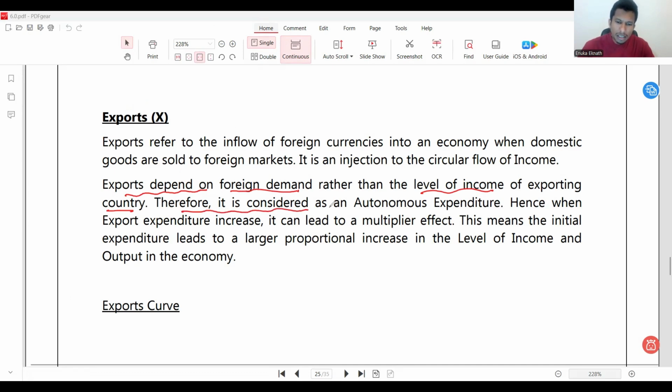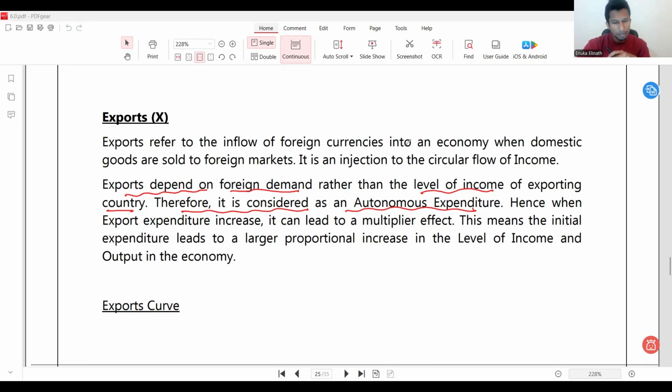Therefore, it is considered an autonomous expenditure, which means the amount of exports does not change when the level of income changes. So in other words, the exports will be totally independent from the level of income of that given economy.